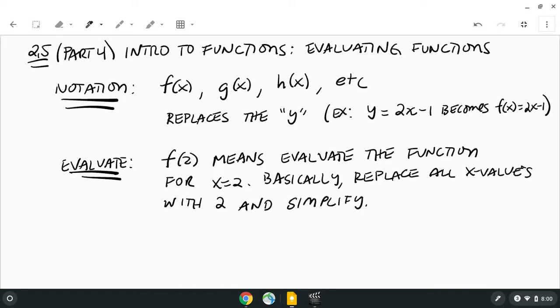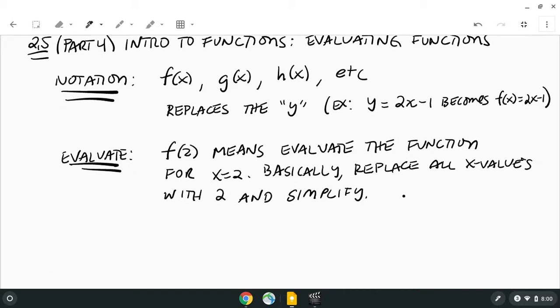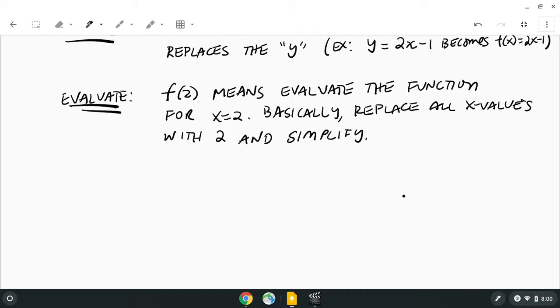Okay, so it might have a 2 inside here, it might have a 5, it might have a -3. It can be anything inside here. But whatever's inside here, that's what you need to replace all the x values with. Okay, so let's take a look at a few examples.